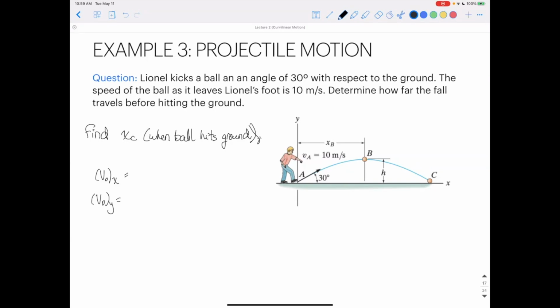So we have v0x, v0y. We know the acceleration, so it's just gravity. So what is our x component of velocity, our initial velocity? 10 cos 30. And then we know our y component is 10 sine 30.